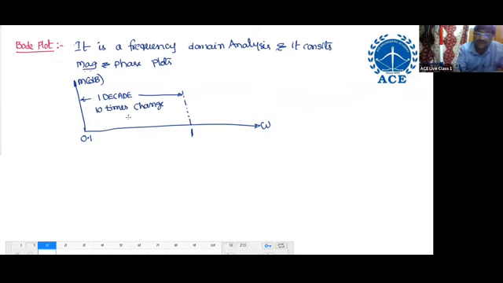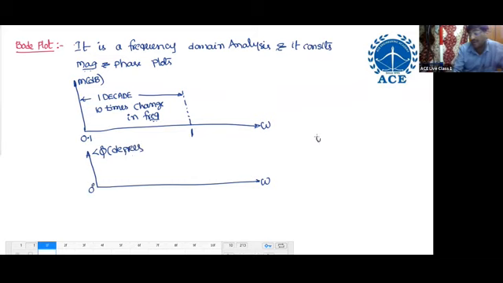Whereas the phase plot is phase in degrees versus omega. Another thing I told: omega 2 equal to 10 times omega 1 in a decade, and omega 2 equal to 2 times omega 1 in an octave.